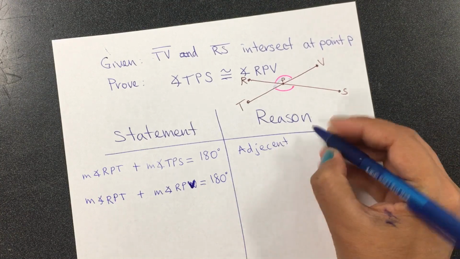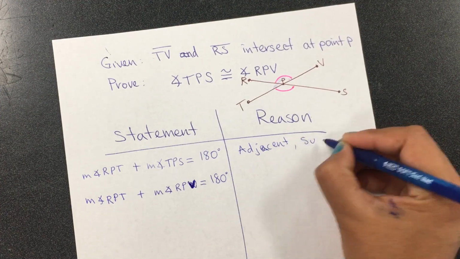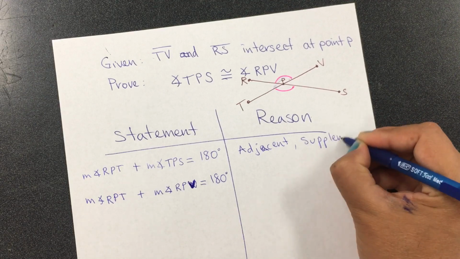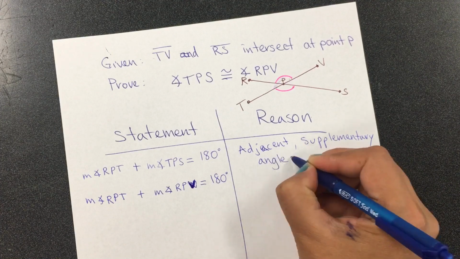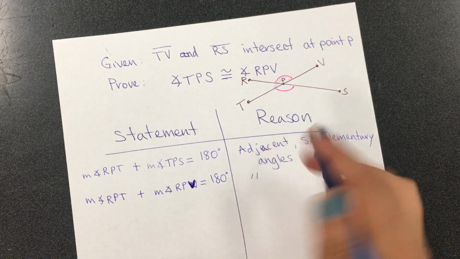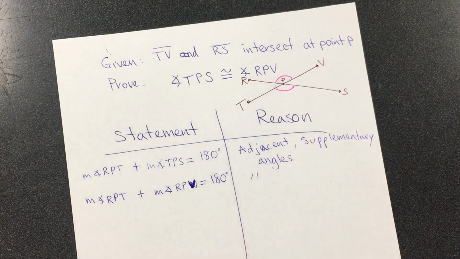Adjacent supplementary angles. And this is the same, but is this set right here and then these two right here.